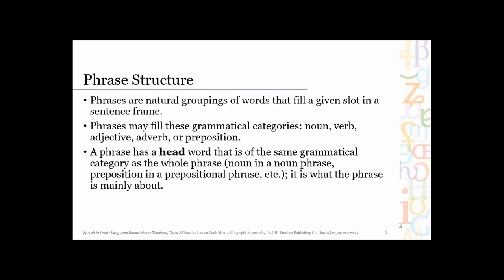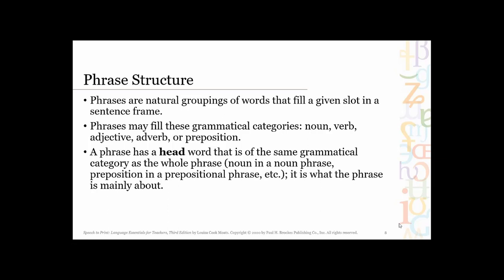Phrases are natural groupings of words that fill a given slot in a sentence frame, and phrases may fill these grammatical categories: noun, verb, adjective, adverb, or preposition. A phrase has a head word that is the same grammatical category as the whole phrase.